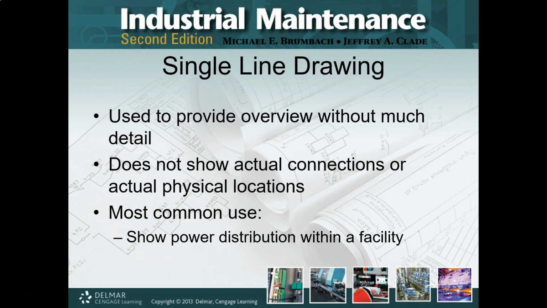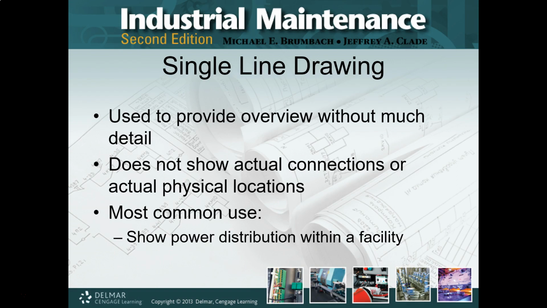You can also have single line drawings for a process. So at the refinery, the refinery was a process. We had a single line drawing of the process, and on that single line drawing, we could isolate particular parts of the process by the isolation valves.